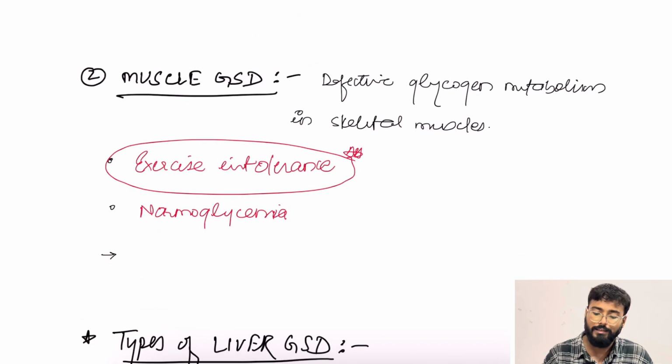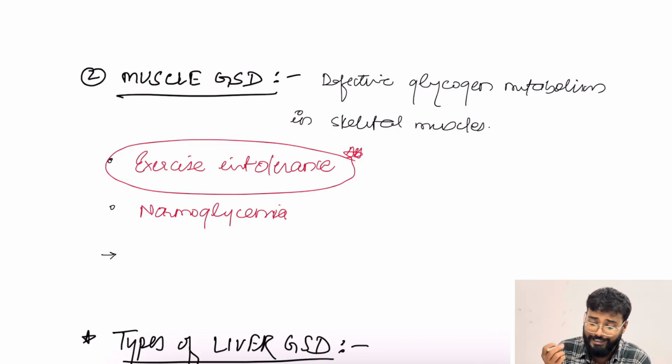So when there is defective glycogen metabolism in muscles, it is going to cause exercise intolerance, because during exercise, muscle needs energy from the breakdown of glycogen when it enters the process of glycolysis, further forming lactic acid, and thereby it gets 3 ATPs.